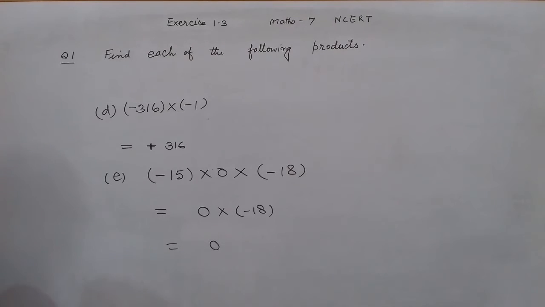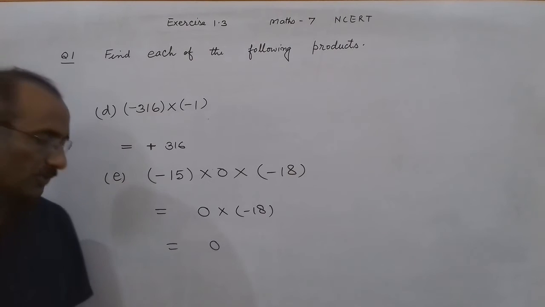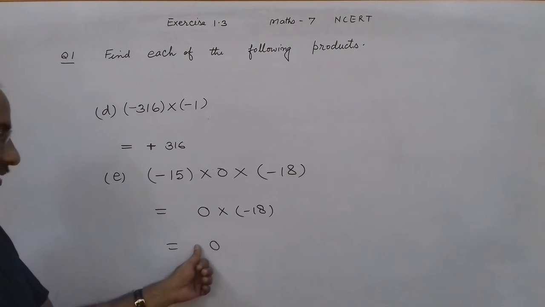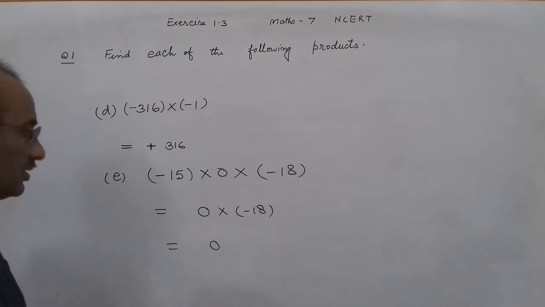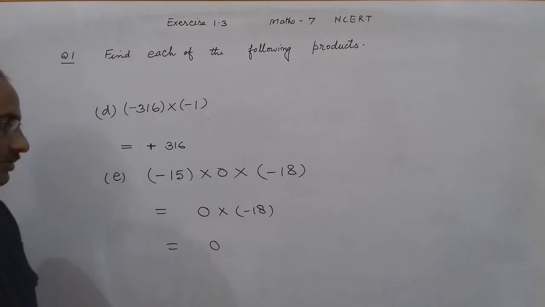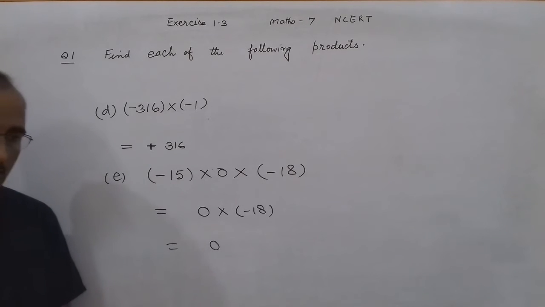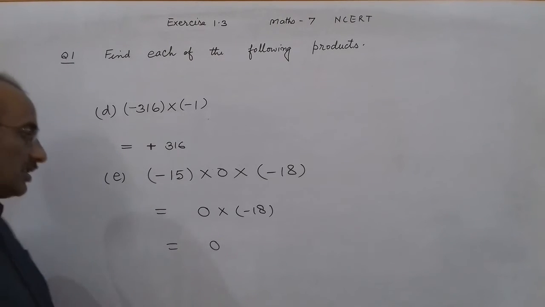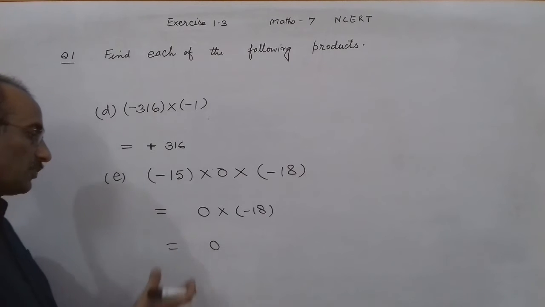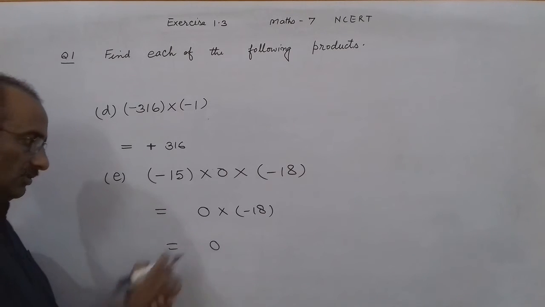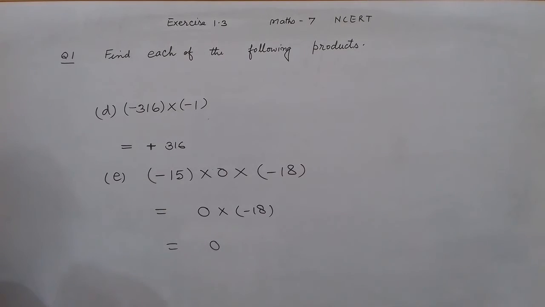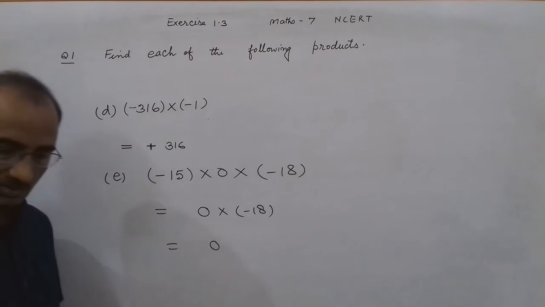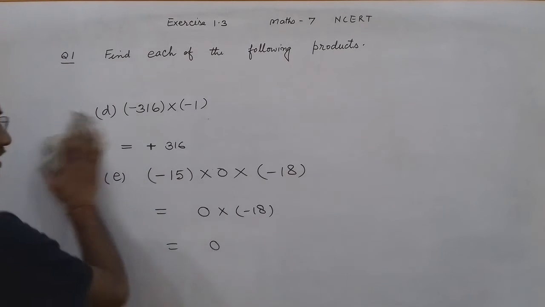So 0 is our answer. You cannot put a minus sign here because 0 is 0. 0 is not a positive integer. 0 is not a negative integer. So you cannot put here minus 0. This is our answer. Now, let's see the next question.